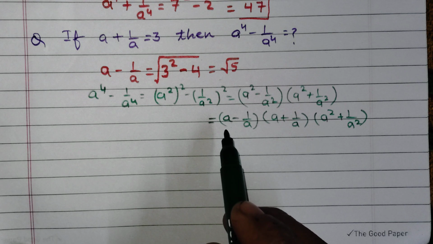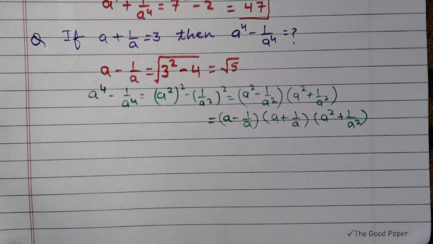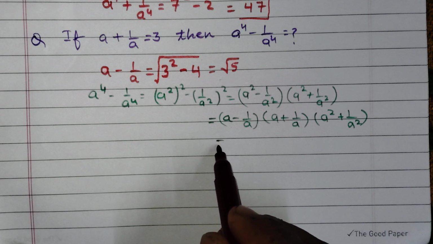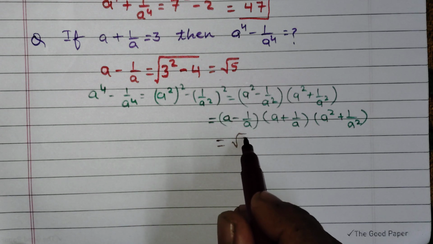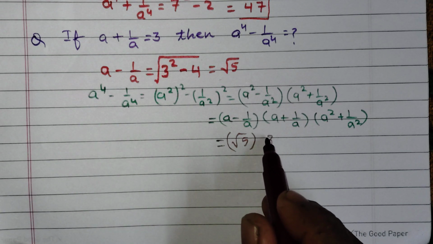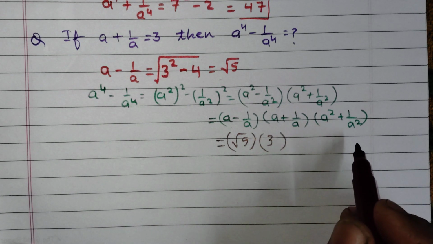Now plug in the values. The value of a minus 1 upon a is square root 5, and the value of a plus 1 upon a is given in question 3. We need to find a square plus 1 upon a square.